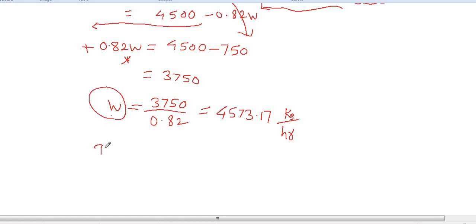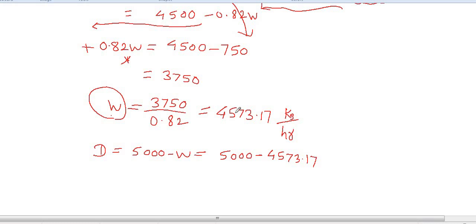Okay, now we substitute this value of W in our first equation and calculate D. So D will be 5000 minus W, that is 5000 minus 4573.17. Please operate the calculator.